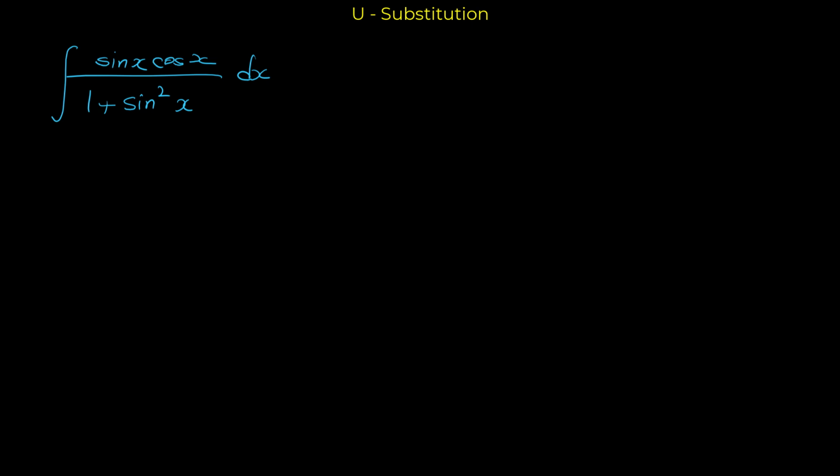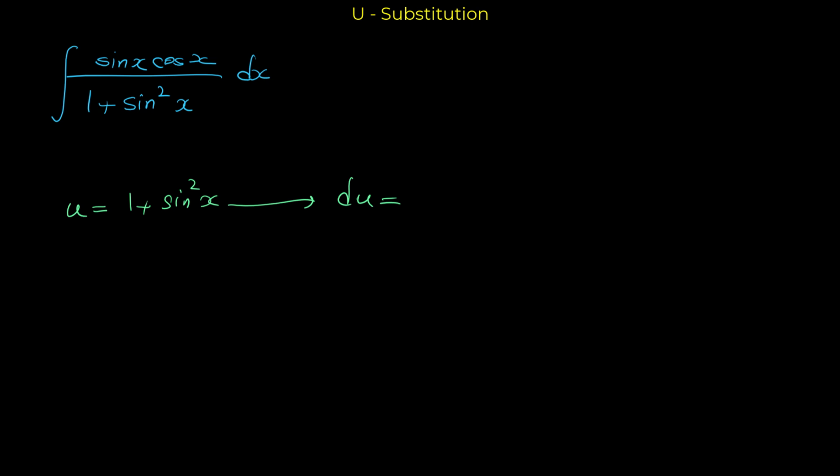Again, this is a fraction, so the first thing that comes to our mind is let's try to see if it works or not. We choose u as the denominator. We don't know if it works or not, we try. du is the derivative of u. Derivative of 1 is 0. Derivative of sine squared, remember first you have to apply the power.